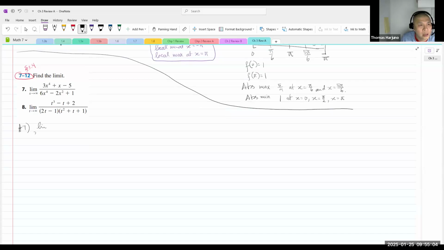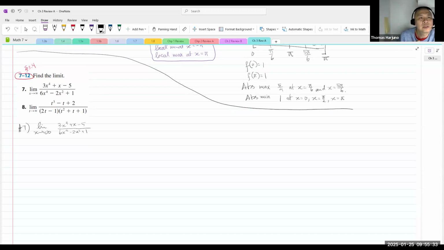limit as x goes to infinity of 3x to the 4th plus x minus 5 over 6x to the 4th minus 2x squared plus 1. Now, I want to use a little bit of your knowledge from pre-calculus when you did rational functions, right? We want to find the far-ends behavior. At that time, I think they called that horizontal asymptotes, right?